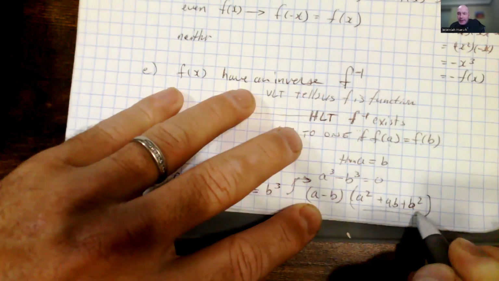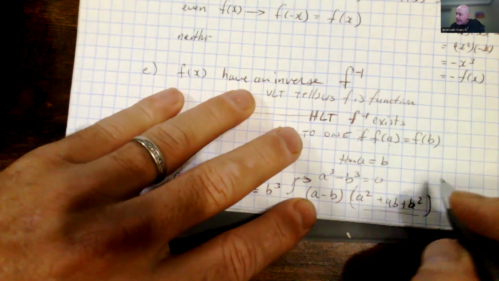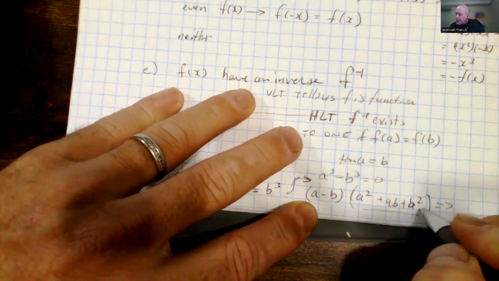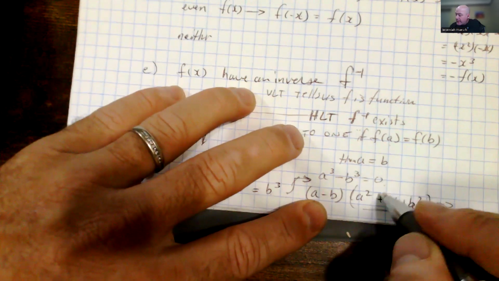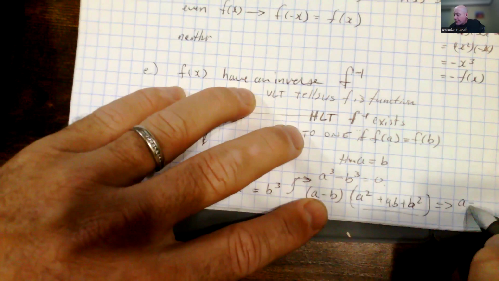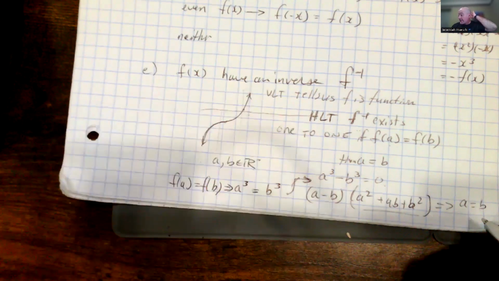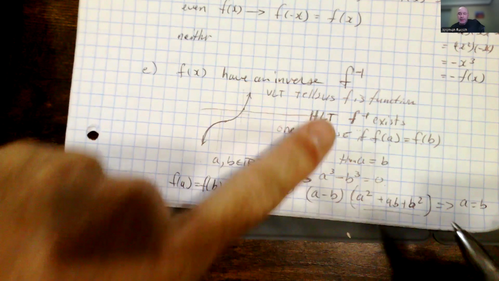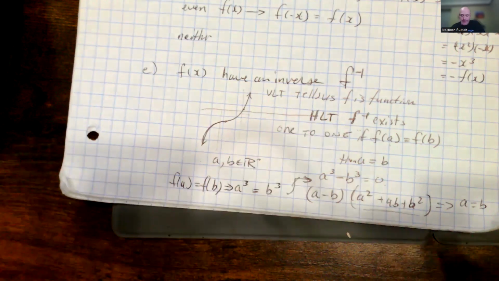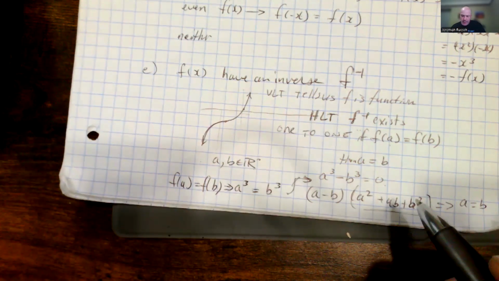There are no x-intercepts here. So this implies that the only way this could equal 0 is if a equals b exactly. So this is in fact 1-to-1, which does show that f inverse does exist here. Okay. All right. So that's part E.